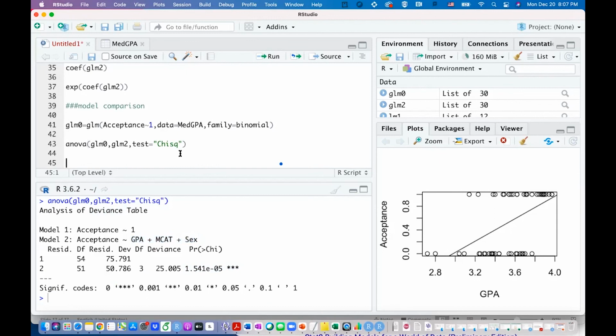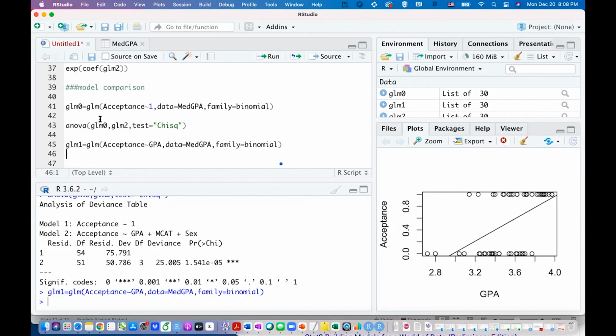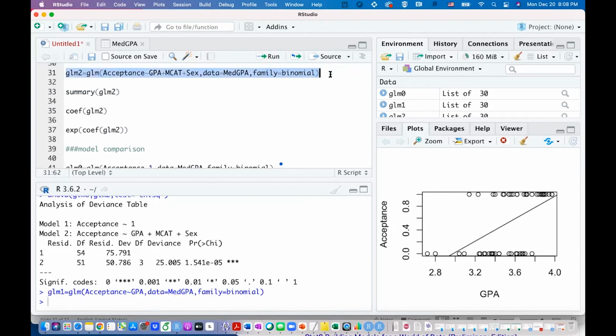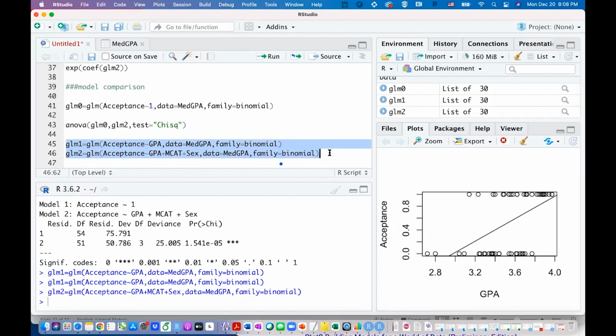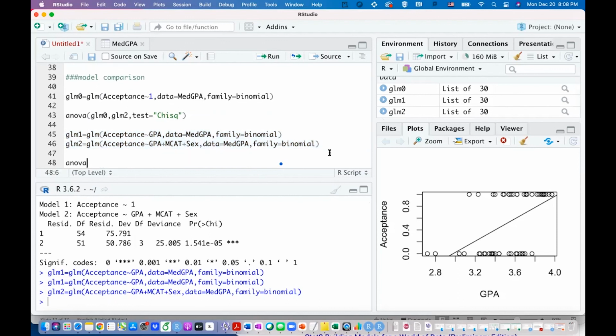Also you can build a GLM1, letting the model be acceptance on GPA only. So this is my model 1, and my model 2 is the same as before. Let me copy it here. I can compare these two models using the anova function, and I specify the test to be chi-square.